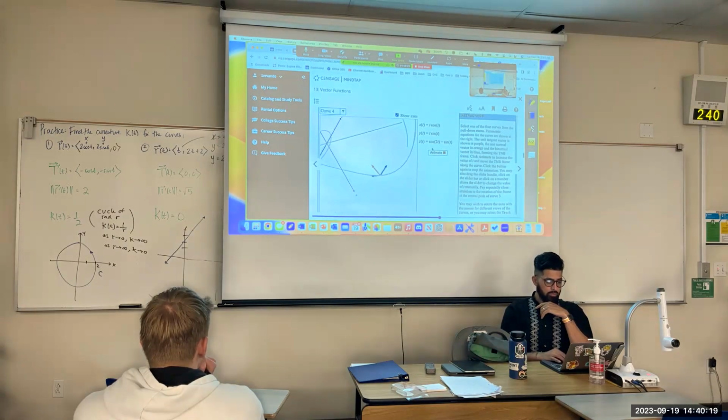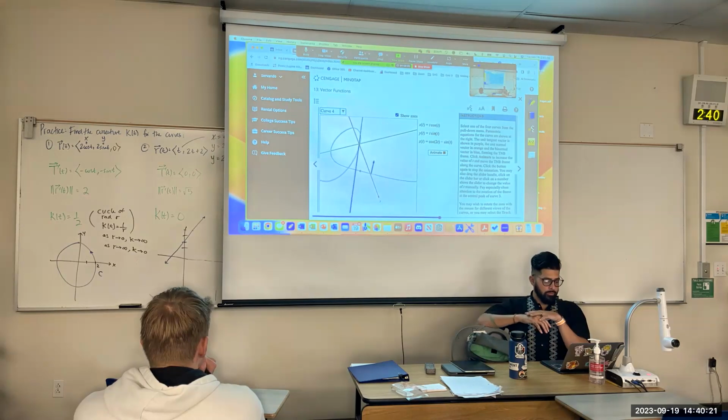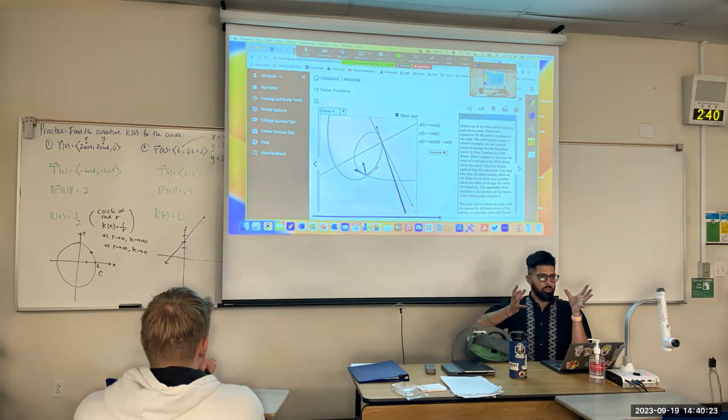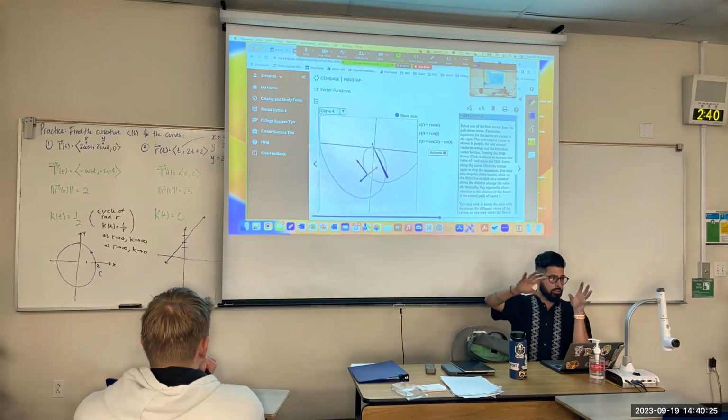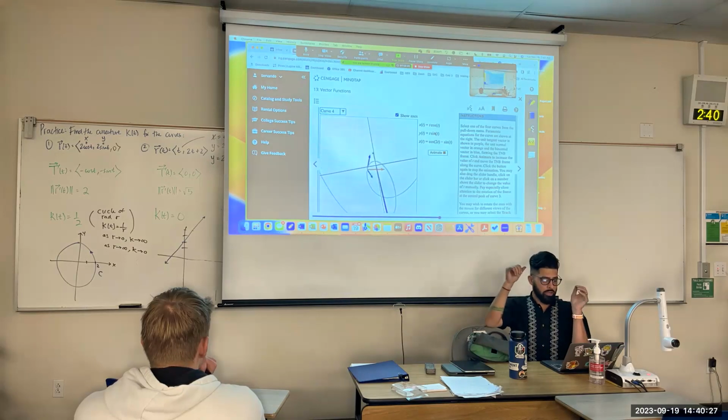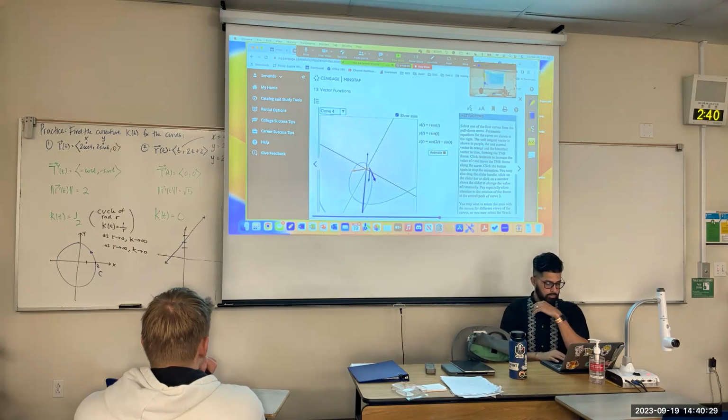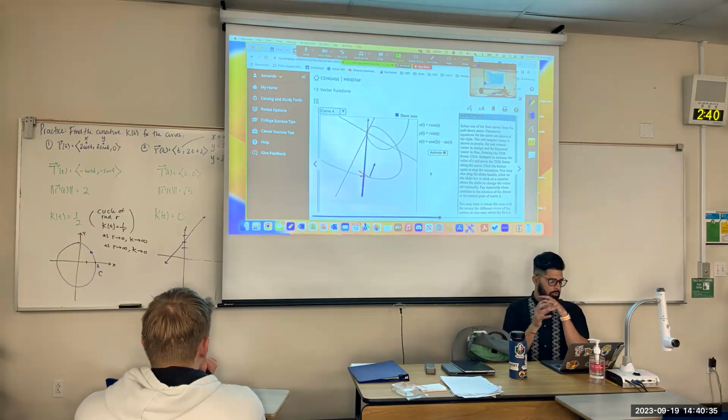So this is used a lot when it comes to motion, where you really care about the twisting effect of the path of the object. It seems to be pointing towards the center-ish of things.